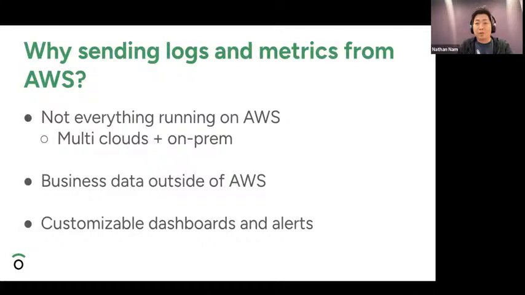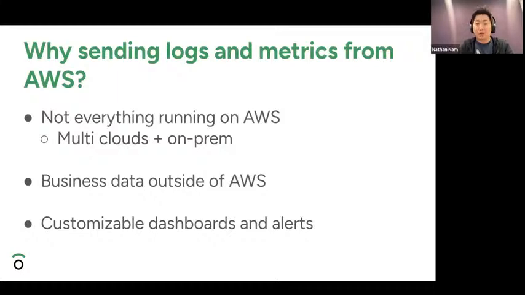So you might wonder at this moment, why would I even send these logs and metrics out of AWS? There are a couple of reasons why you would do it today. Not everything you're running is necessarily just on AWS. Many of our customers use various services in AWS, let's say EC2, EKS, and RDS, but some of them are also using GKE in GCP and Azure Directory in Azure.